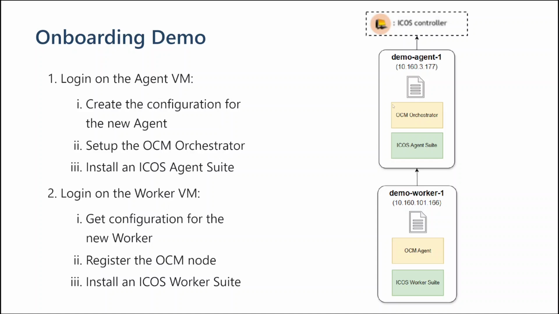In one virtual machine, we are going to deploy the agent software and the orchestrator. In the other virtual machine, we are going to deploy the worker software. So we will first create the agent and register this agent to the continuum, and then we will add a new worker to this agent so that it will be able to execute user applications.